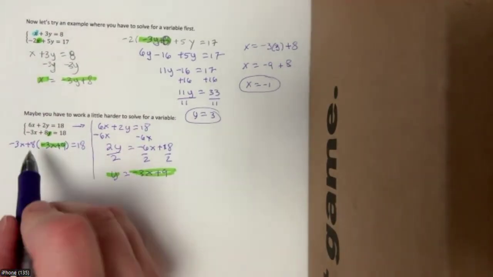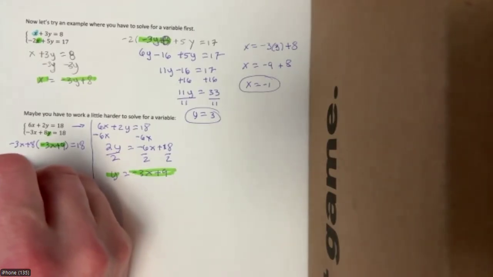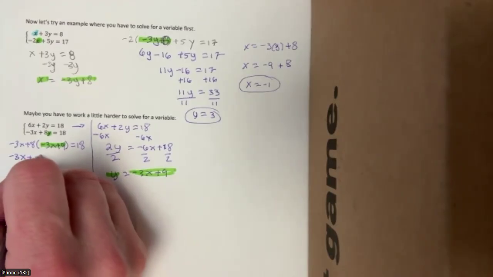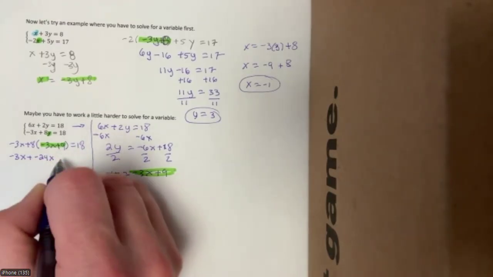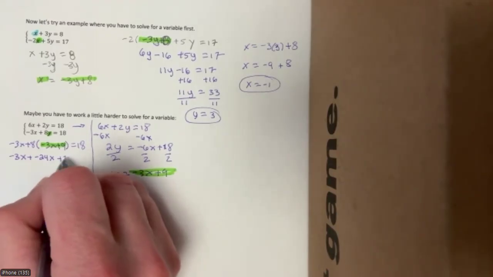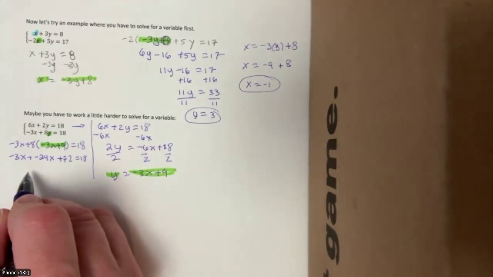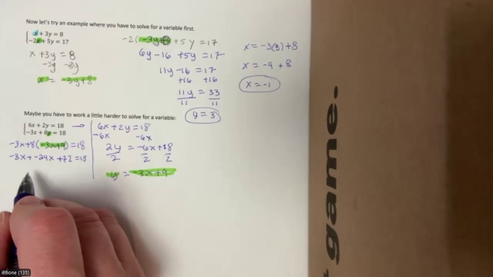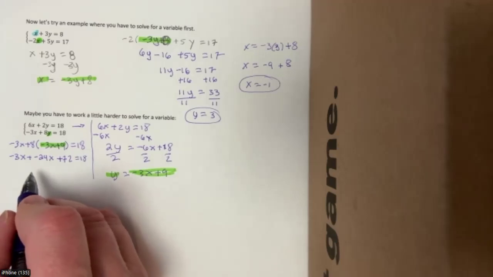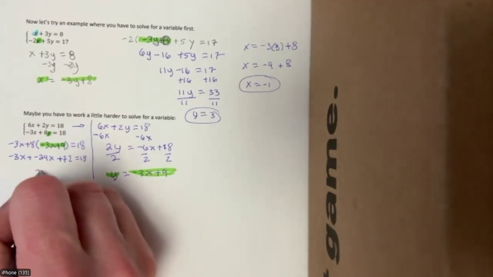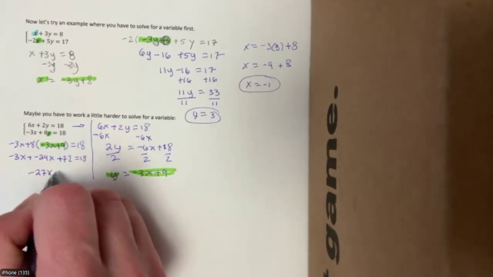And now simplify this. So distribute the 8. So 8 times negative 3 is negative 24x plus 72 equals 18. Negative 3x minus 24x is negative 27x.